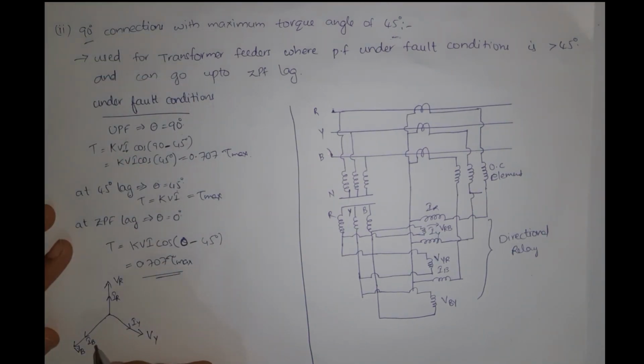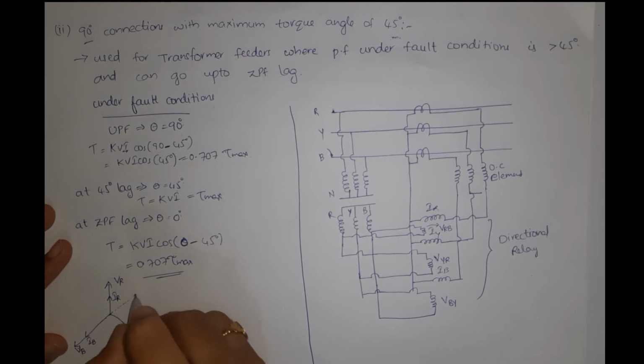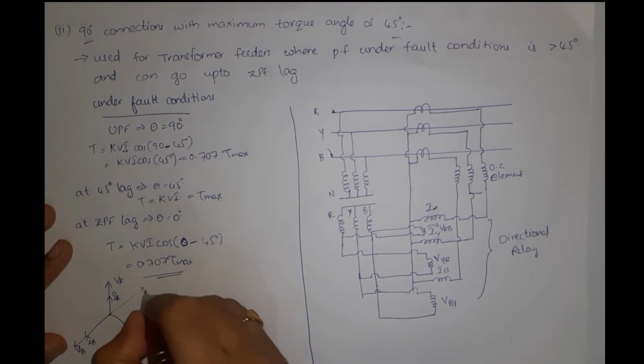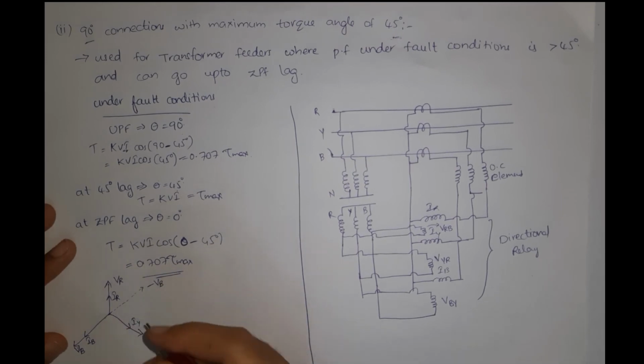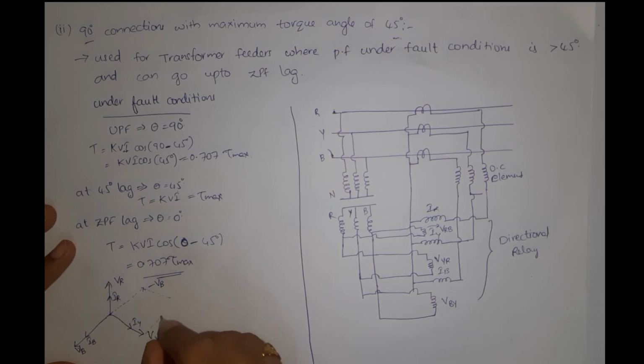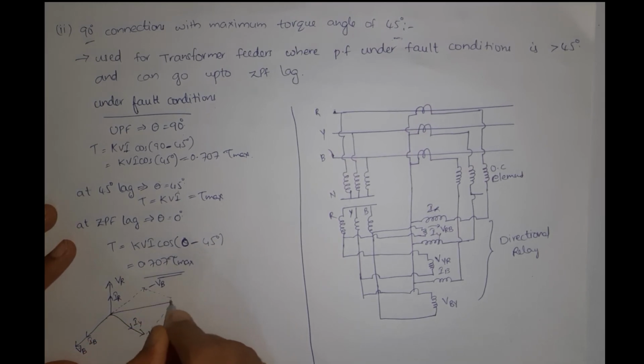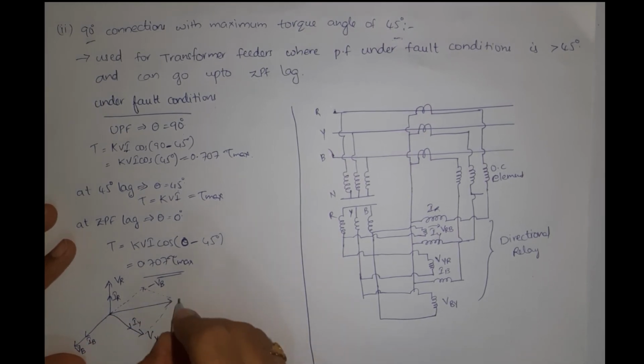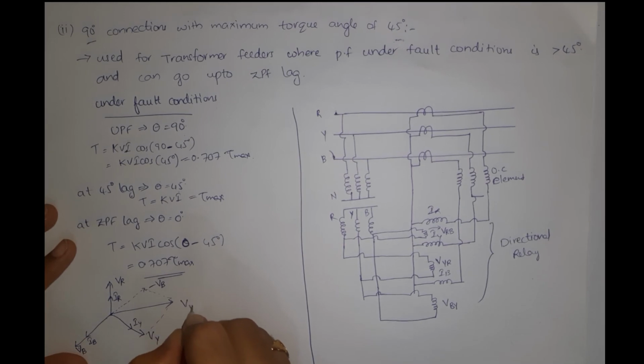How do we get 90 degrees? Let me extend this back, which gives me minus VB, right? So now if you take the resultant, if you extend this back, right, we will get VYB.